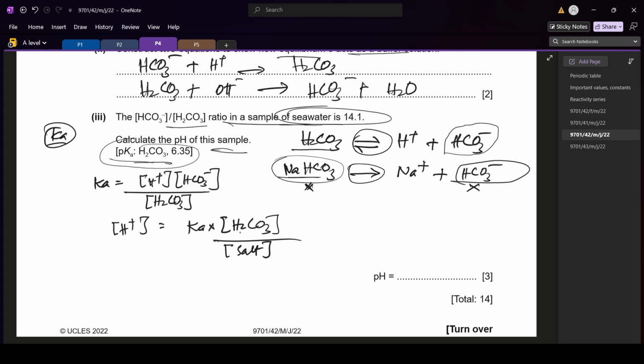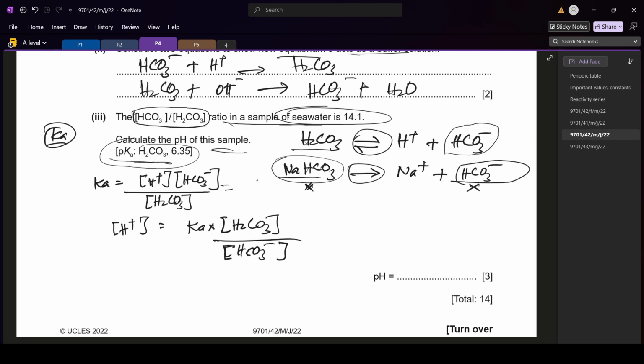You are given the ratio. Let's not write it as salt; I am writing it as hydrogen carbonate, sorry. So you are given the ratio of hydrogen carbonate, which is 14.1.